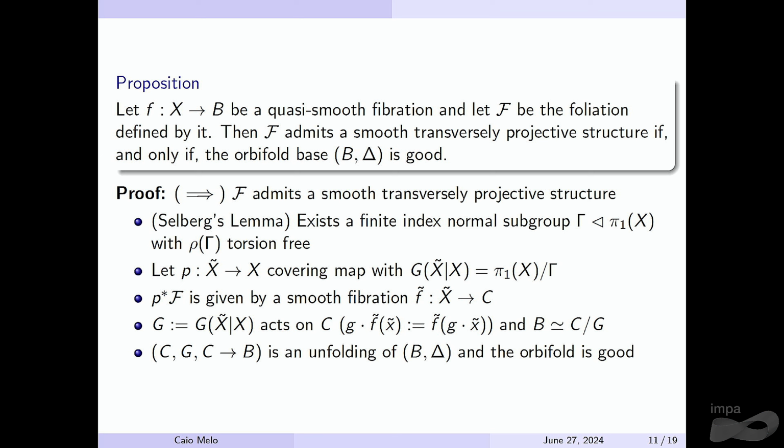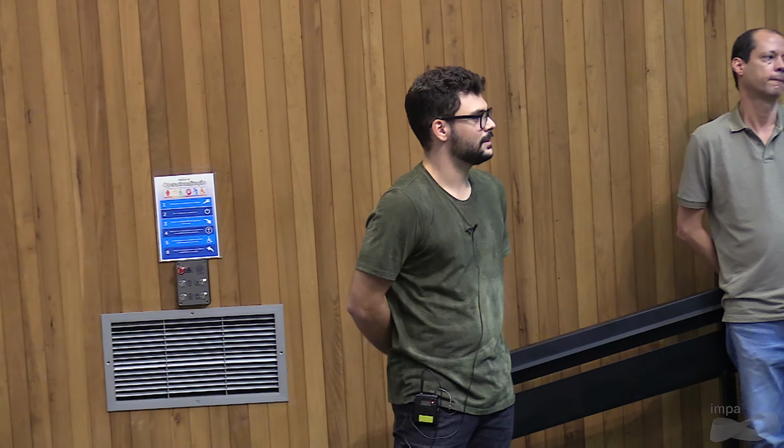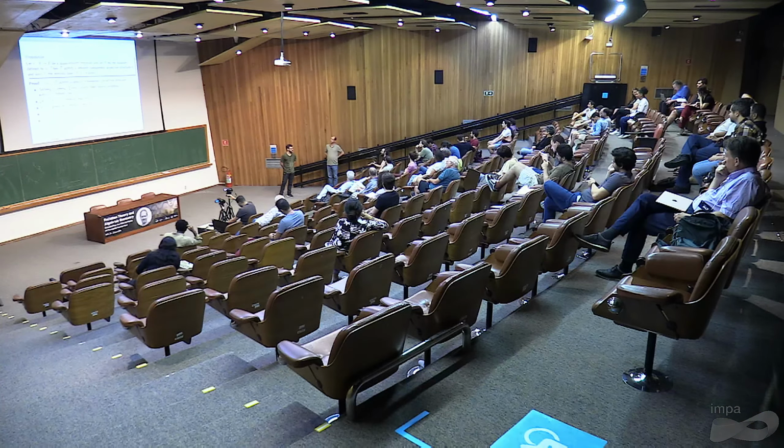That's what he's asking. Yeah, one can define smooth foliations given by fibrations like this. I think I don't understand the question. I mean, is there any analog for threefolds fibering over surfaces? Yeah, I don't know.